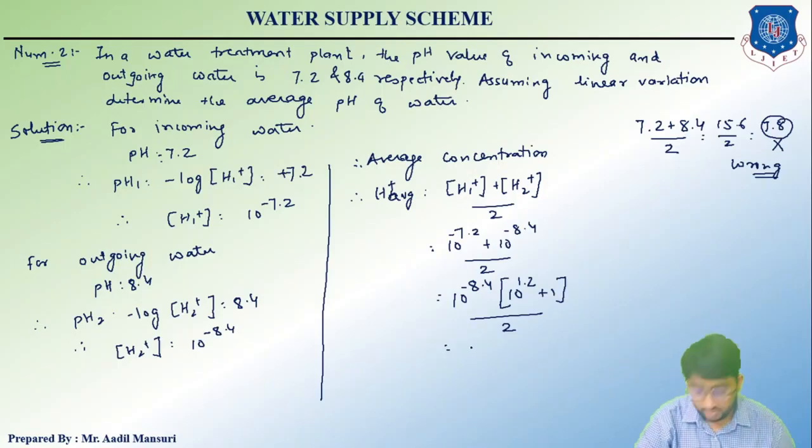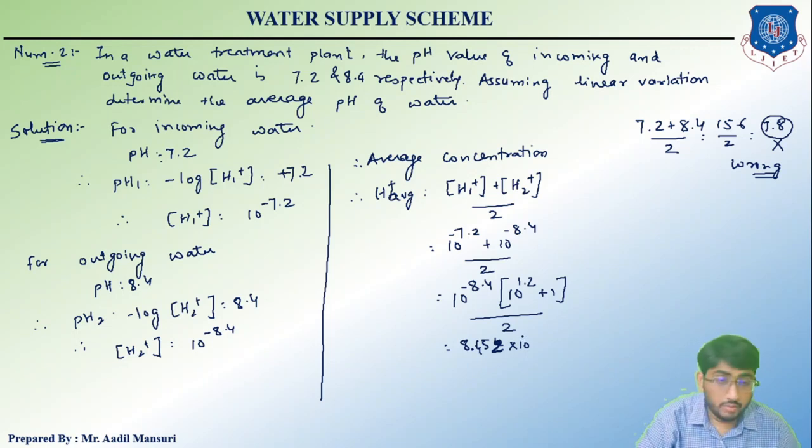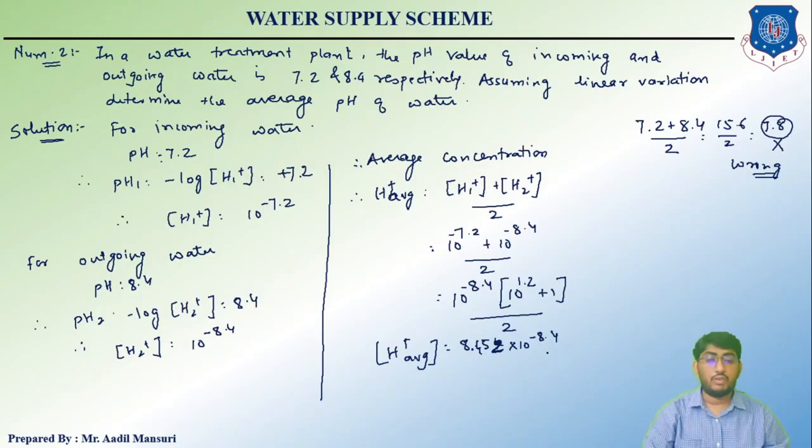So this will be 8.452 into 10 to the power minus 8.4. So the H plus average concentration is 8.452 into 10 to the power minus 8.4.